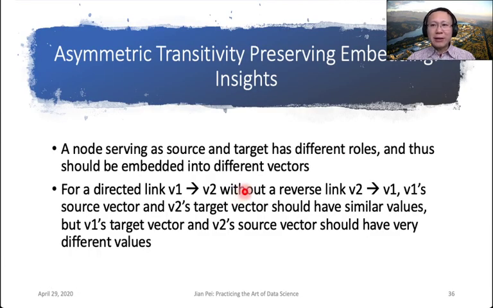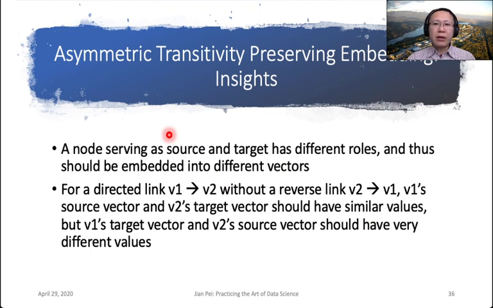We conducted several approaches in this network embedding. For example, in our early study, we look at the asymmetric transitivity preserving embedding. The idea here is that in the directed graph, we have two nodes, and a node may serve as a source and target of different edges, and they have different roles.